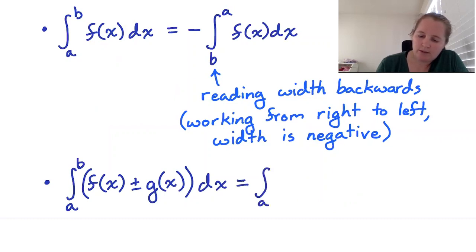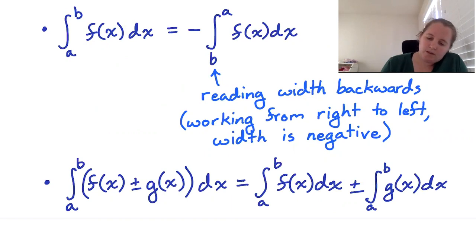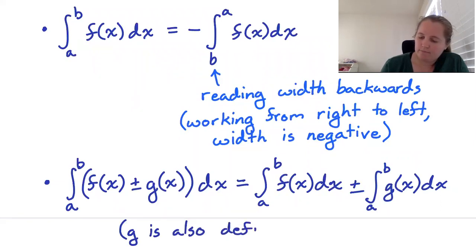We can go from a to b of f of x dx, and then a second integral from a to b, oh, this should be plus or minus, a second integral from a to b of g of x dx. I technically should say that for this, g is also defined on I.